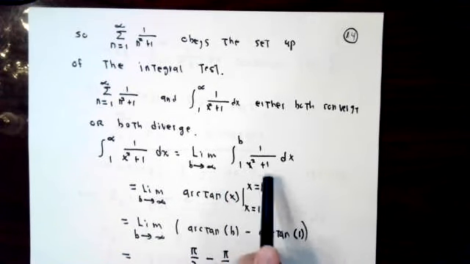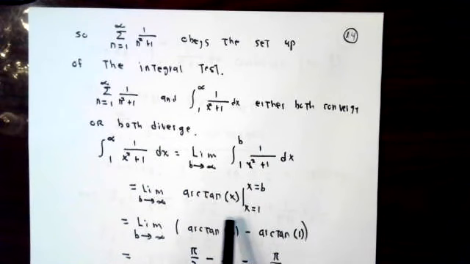The antiderivative for 1 over x squared plus 1 is the arctan function. I'm going to evaluate that at the positive finite number b and the positive finite number 1 and subtract. If you look at the graph of the arctan function, there is no place on that graph where the y-coordinate is pi over 2.